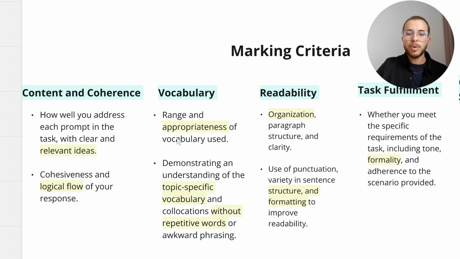Vocabulary, you're looking for a range of appropriateness. So make sure that your vocabulary is suitable for the question. Again, brainstorming process. Demonstrate that you understand the topic using topic-specific vocabulary. If you're talking about information technology, you need to have a set of vocabulary that matches with IT. That's our goal.